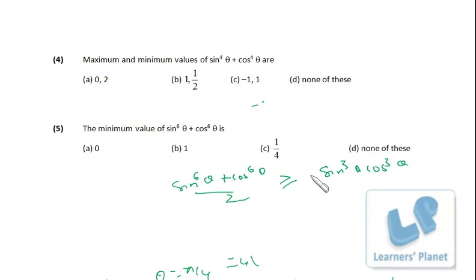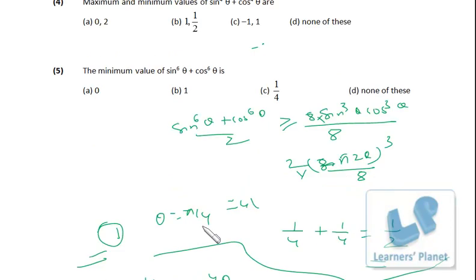So I just write 8 by 8. So this is (2 sin theta cos theta) whole cube, that is (sin 2 theta)^3 by 8 into 2, right? This 2 I'm taking it over here. So sin^6 theta plus cos^6 theta is greater than or equal to (sin 2 theta)^3 by 4.